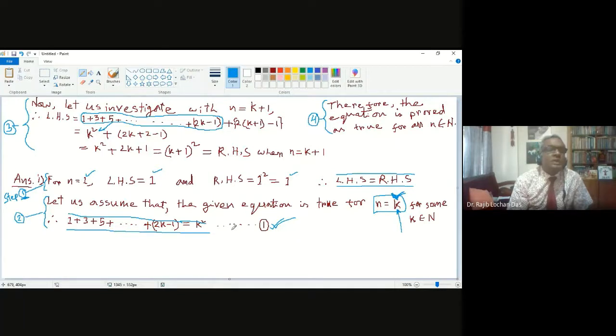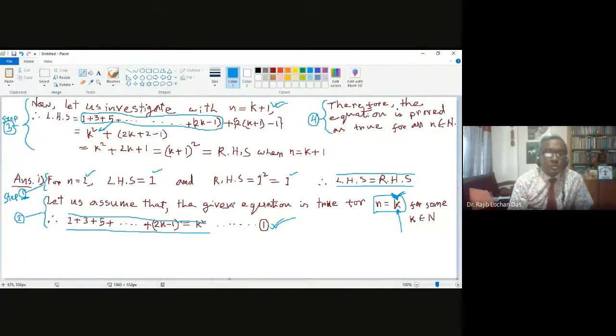Now you move to the next step. So why have you moved to the next step? Because you want to show that if n equal to k is correct, then n equal to k plus 1 is also correct. You have got the catch. Yes, sir.